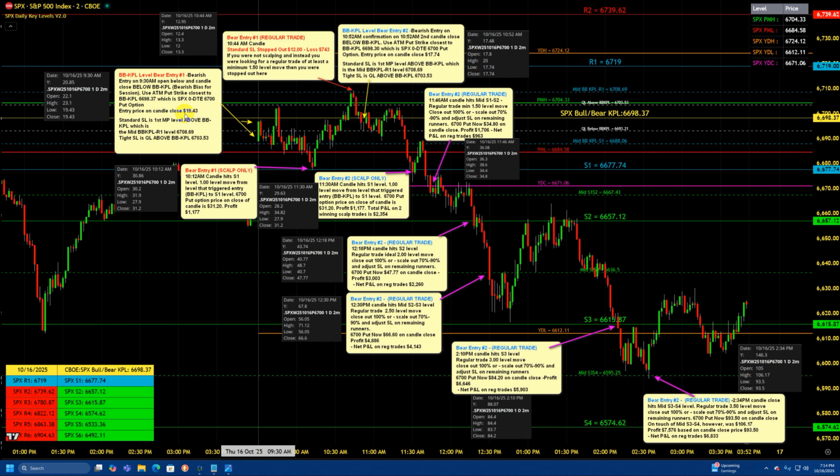The entry price on the candle close was $19.43. So if you're not familiar with the way options work, it's as follows. You take the price that you're paying for the option and you multiply it times 100, and that would be your cost for one option.